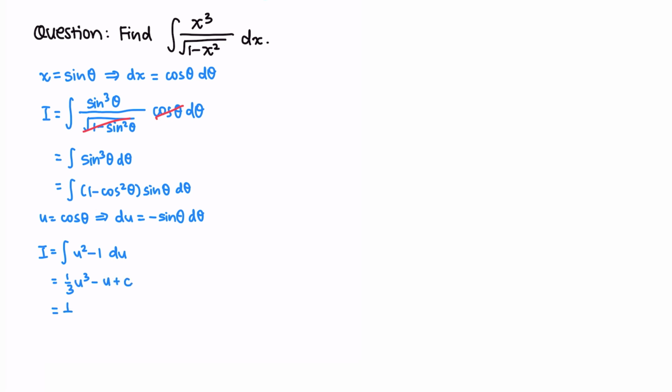If I replace away the u, I'll get 1/3 cosine cubed theta minus cosine theta plus c. And we still want our integral in terms of x, so theta is actually just sine inverse x. So this is just 1/3 cosine of sine inverse x, cubed, minus cosine of sine inverse x, plus c.